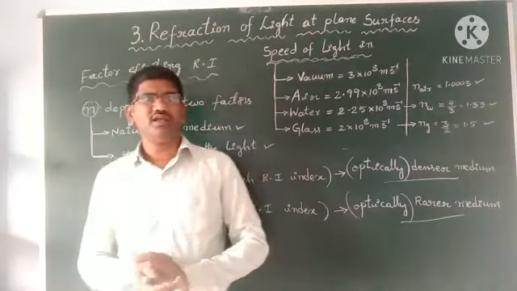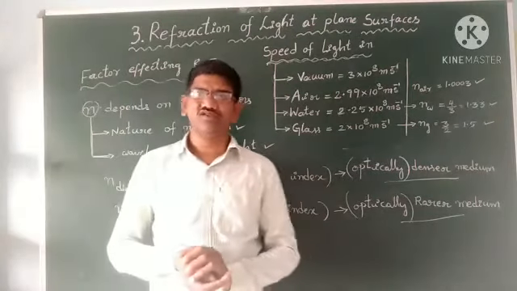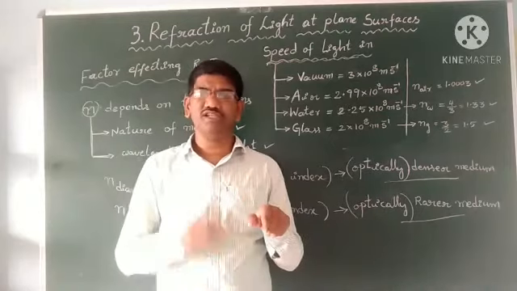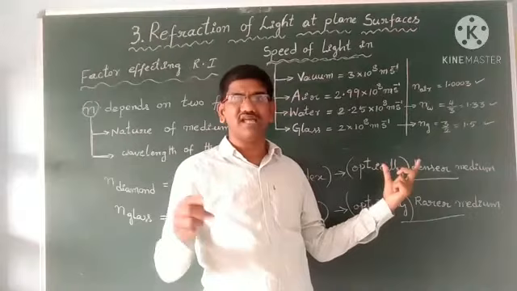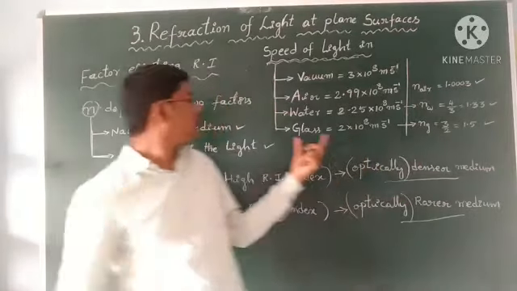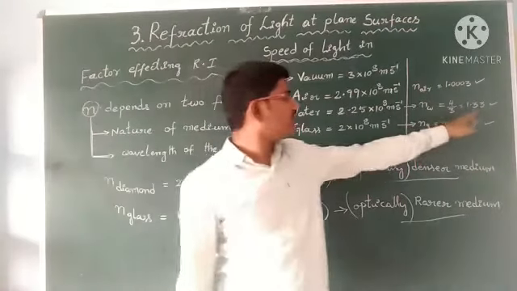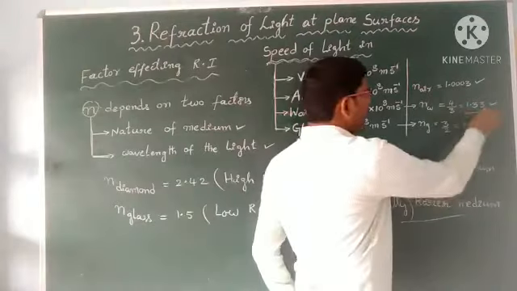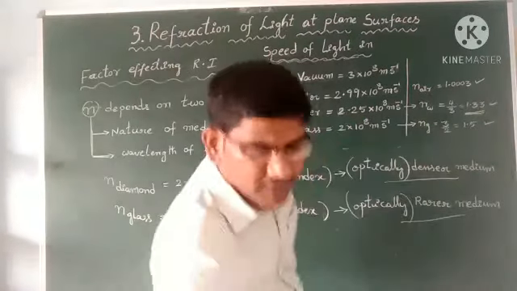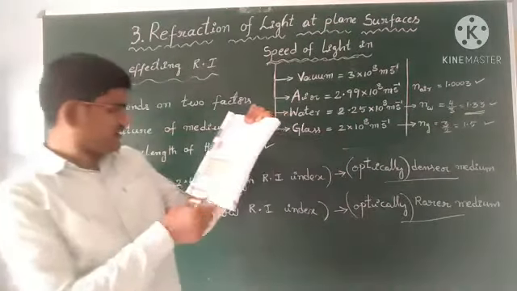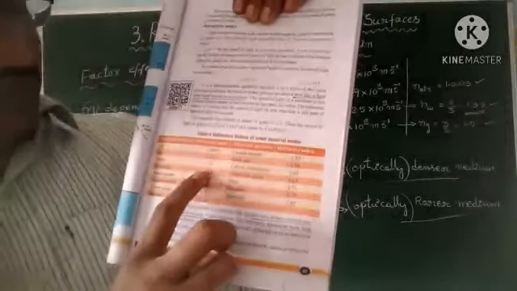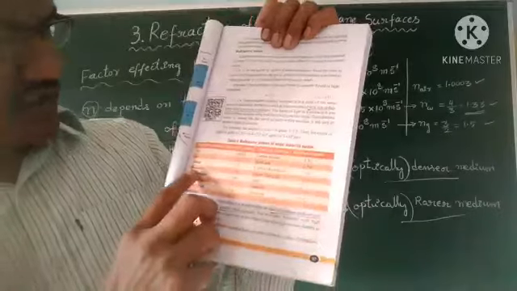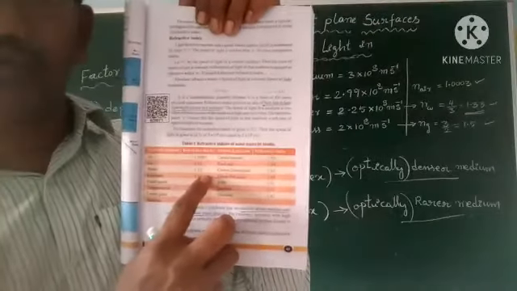But in kerosene, light travels with less speed. Kerosene has more optical density because it has a higher refractive index than water. So what is the refractive index of water, my dear students? 1.33. The refractive index of kerosene is 1.44.